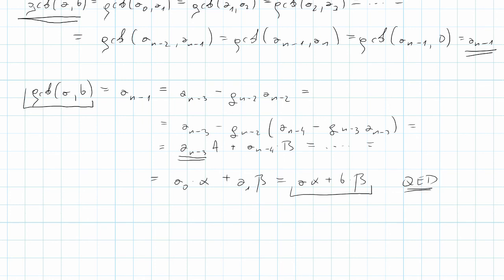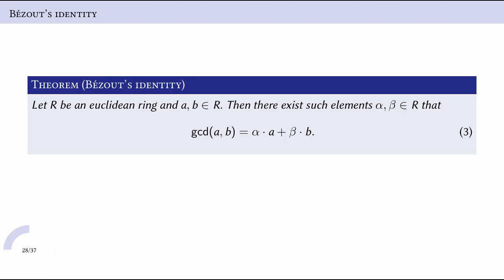So we actually proved it. We showed that the greatest common divisor is a linear combination of both elements. These two elements which appear here are called the Bezout coefficients. So the standard terminology is that alpha and beta are the Bezout coefficients associated to a and b.